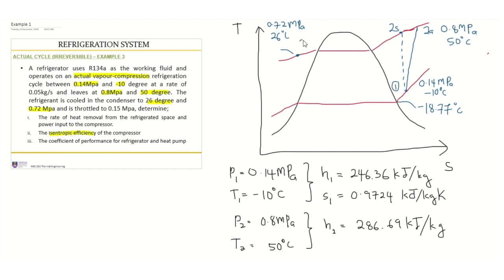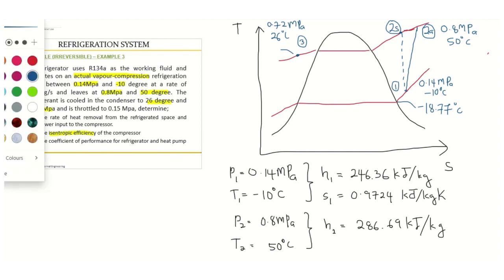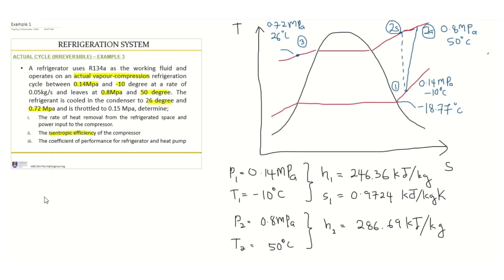So this becomes state number 3. So in order for us to find the value of H3, so we have P3.